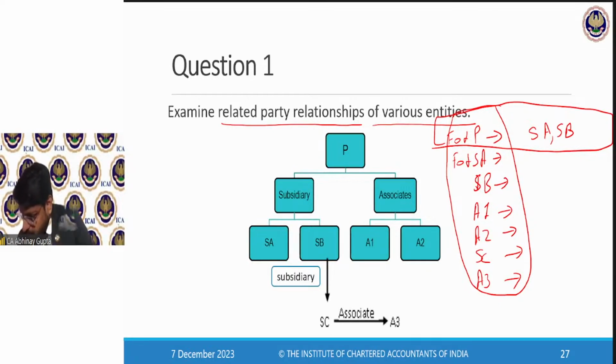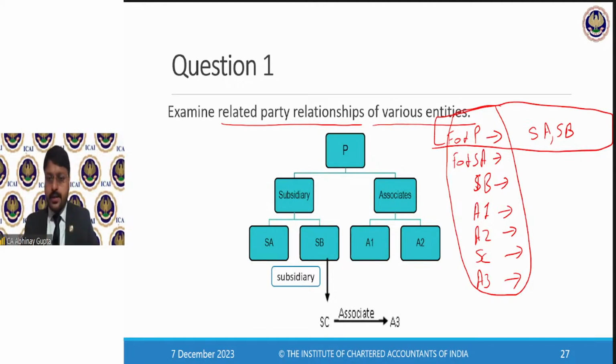Okay, for P: SA, SB, A1, A2. For SA: P and SB, SC. For SB: P, SA, SC. For A1: P. A2: P. For A1, SE and A3.